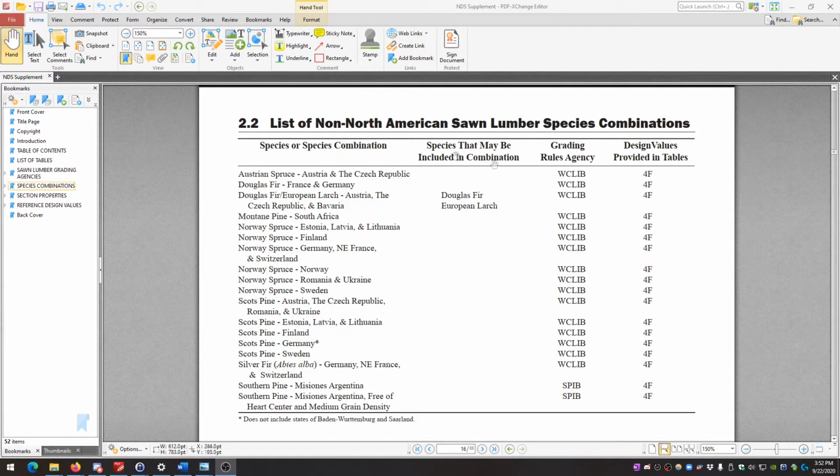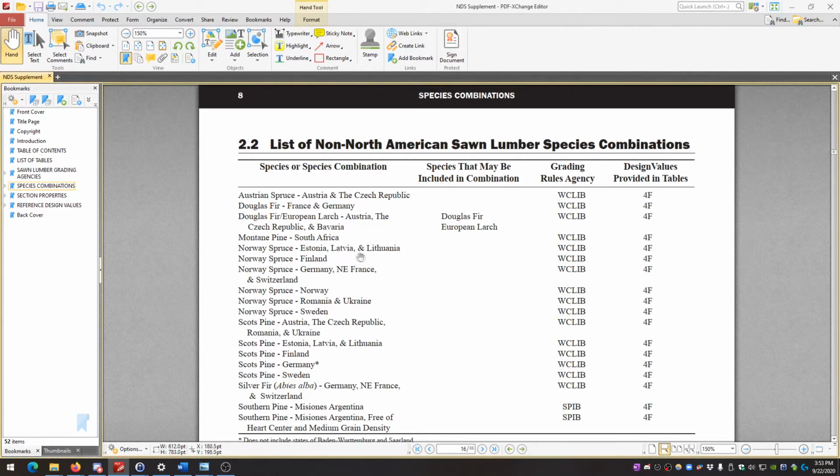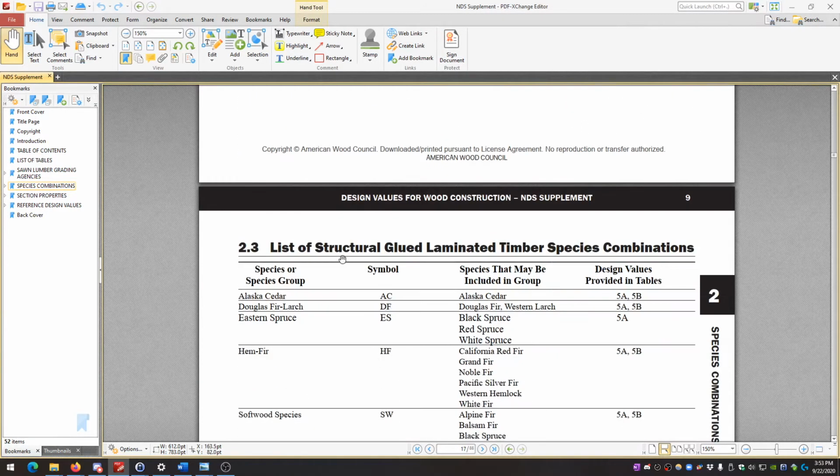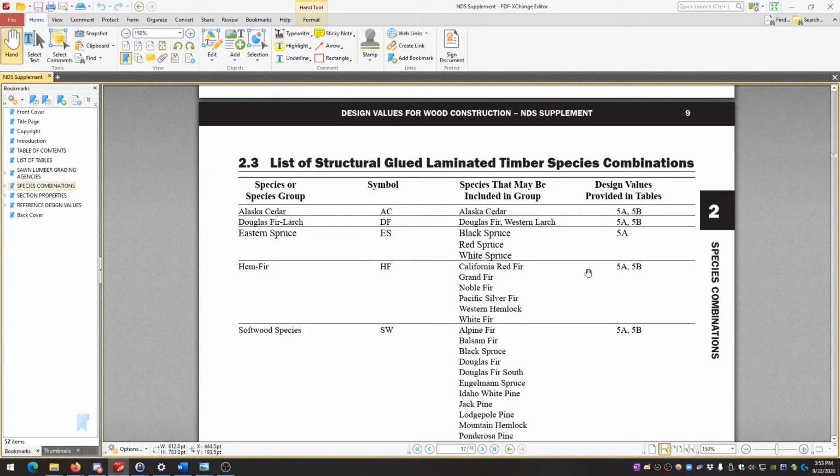So again, there's basically three tables that we need to consider. There's the one that we already looked at, table 2.1, which was the North American species for solid sawn lumber. Table 2.2 covers non-North American species, and table 2.3 covers the species groups that are used in glulam combinations.